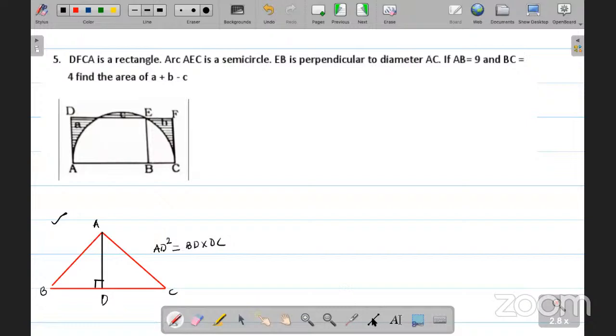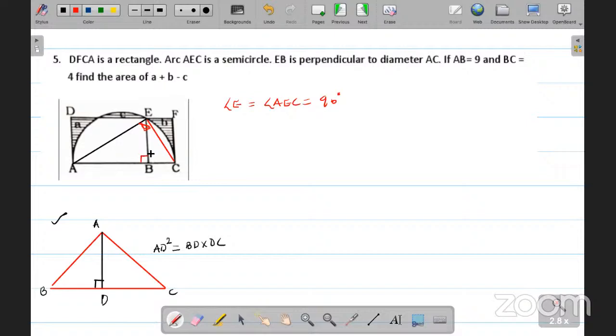Now you will appreciate here that this is a semicircle and AC is a diameter. So if I join A and E, and if I join E and C, this will be right angled, because angle in a semicircle is always 90 degrees. Angle AEC must be 90 degrees.